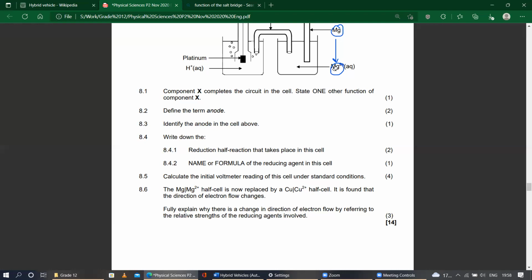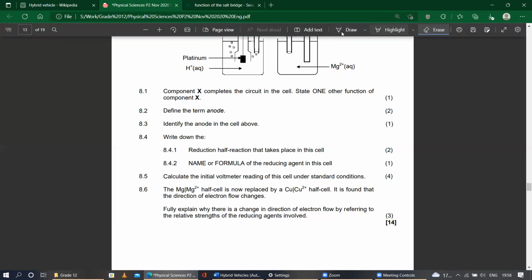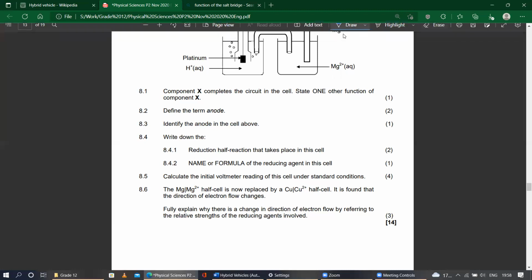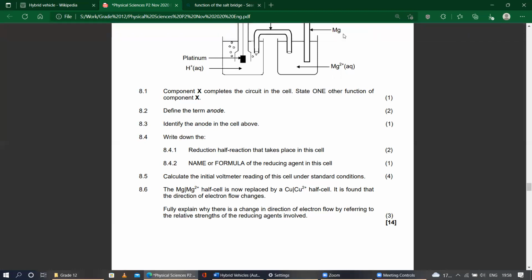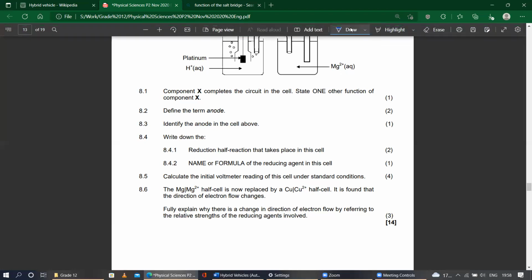So your reducing agent is going to be Mg, because it's the one that causes the platinum to be reduced. Your reducing agent is the one that's going to lose electrons. So Mg.